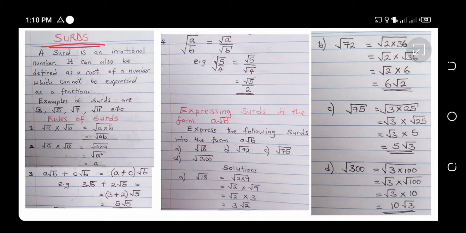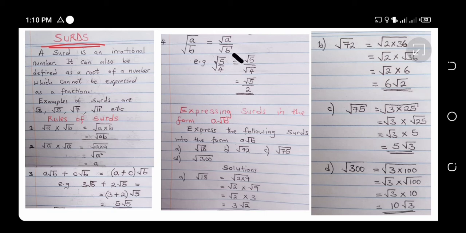So if we are to simplify it, we can separate them, whereby we write root of a divided by root of b, because this root is for both of them. That is in division. For example, we can use this rule to simplify this.